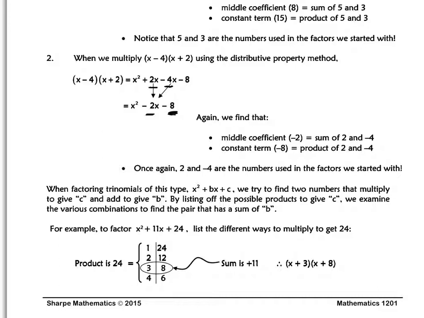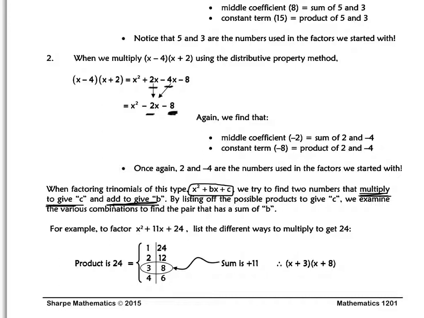So that's basically the little rule that you can follow to help you factor. When you are factoring polynomials of the type x squared plus bx plus c, you would be looking for two numbers that multiply to give you c and add to give you b. So they have to multiply to give you that constant term and add to give you the coefficient of x.